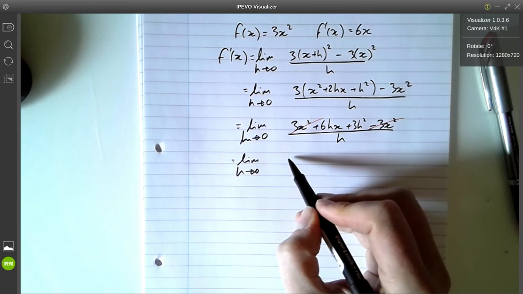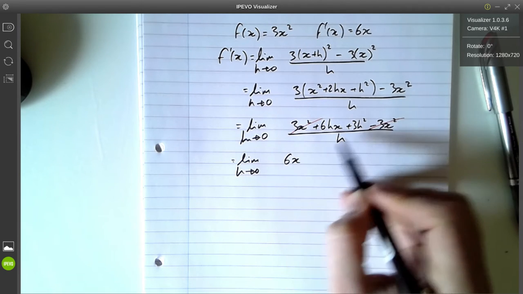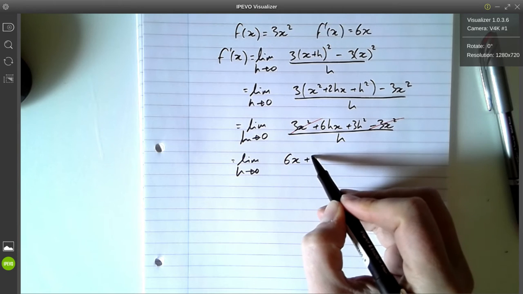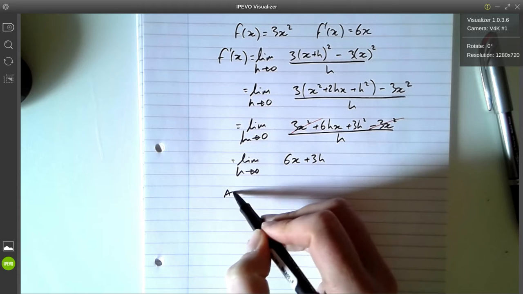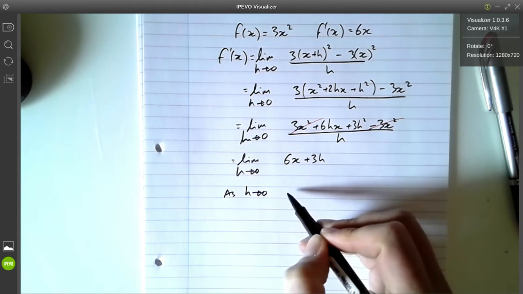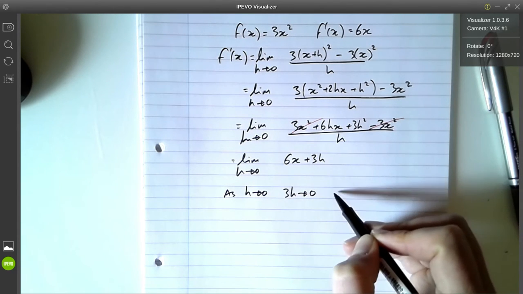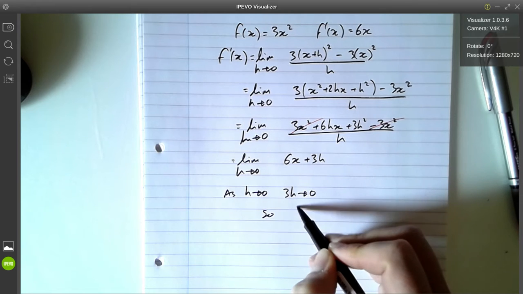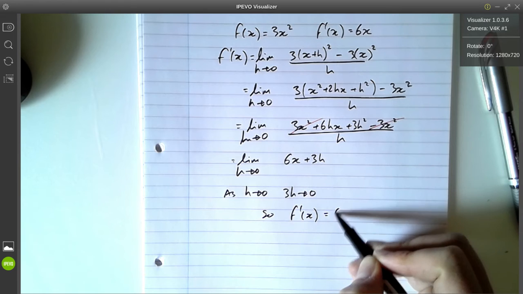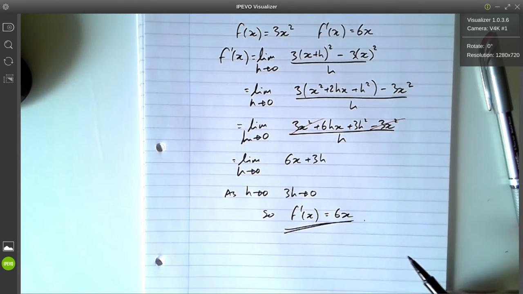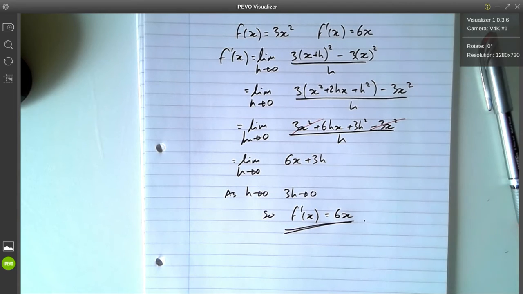So I'm going to be left with 6x plus 3h. Now as h tends to 0, 3h tends to 0. So we have f dashed of x equal to just 6x. Okay, so it worked. Let's try another one.